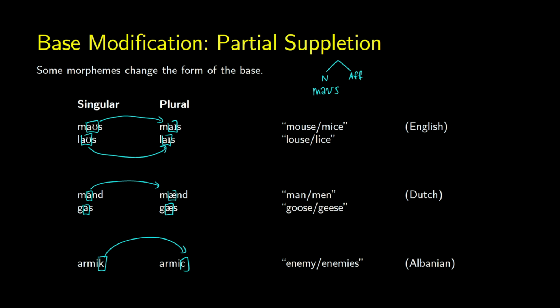So what we would have to do is say, hey, there's nothing there, but it means plural, and our output is mice. Now, a lot of people aren't very happy with this sort of analysis, so we have an alternative.